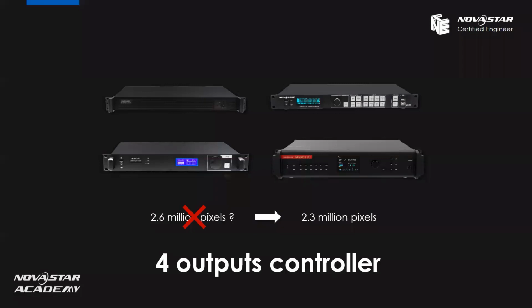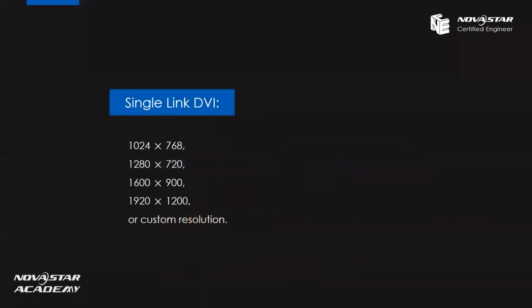I think maybe you have a question in your mind: why can't I get all the capacity? Let's check it out together. Now, all our normal products use single-link DVI as input. Here we show you the commonly used single-link DVI input resolutions, and sometimes we also do some customized resolutions.